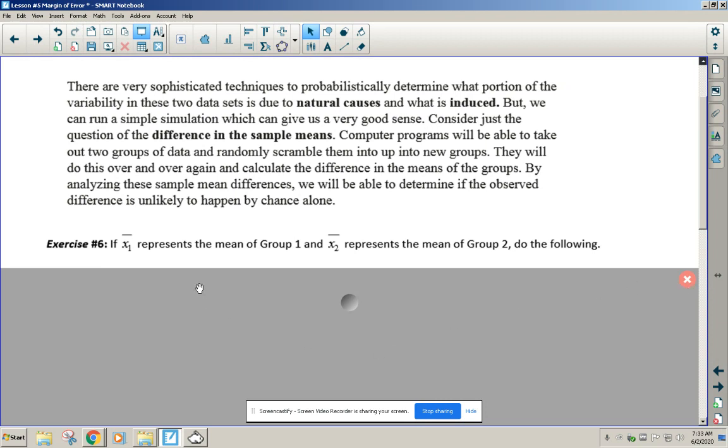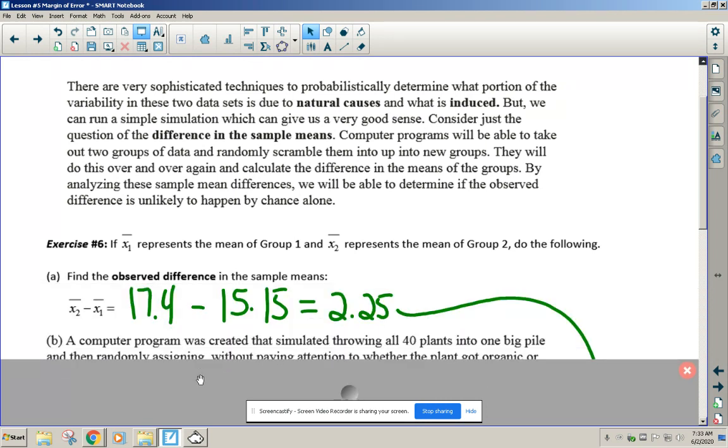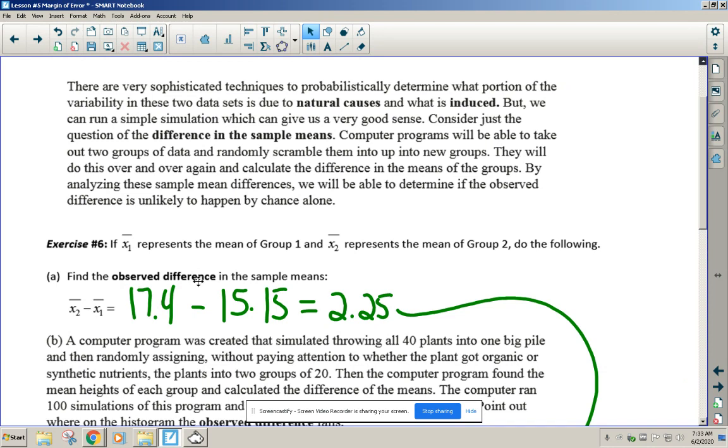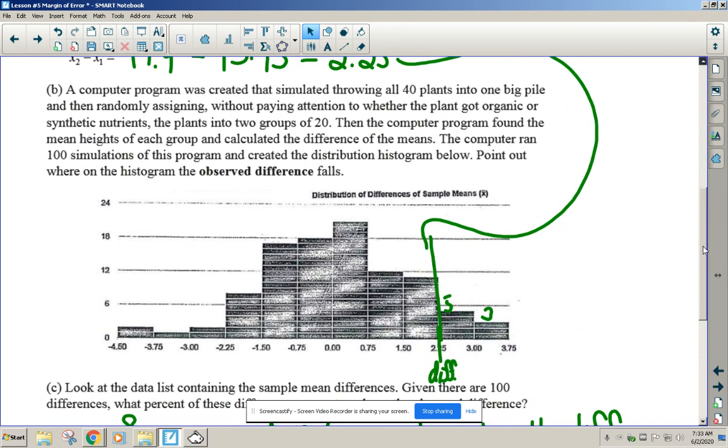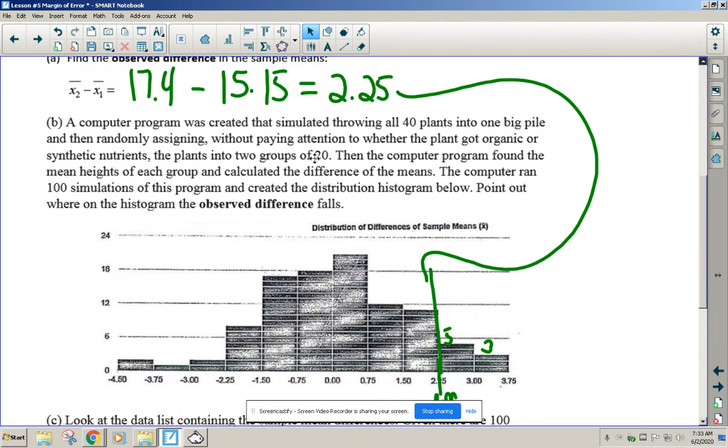That would just be crazy. But if we take the work that we just did and find our observed difference, it is 2.25. From the data we were given and the stats that we just calculated ourselves, we had a difference in our sample means of 2.25, and 2.25 would fall all the way up here.